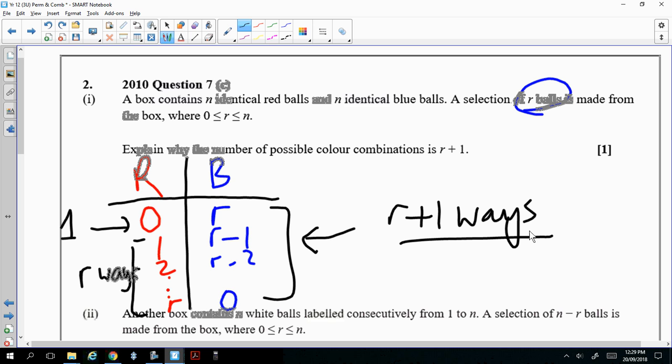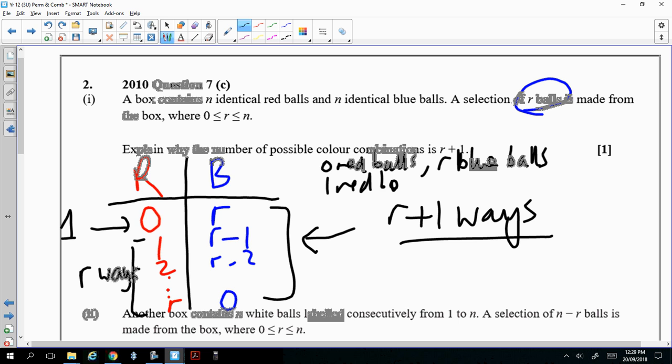Maybe you can write, you have 0 red balls and r blue balls, and then 1 red ball, r minus 1 blue balls. I think the table is very clear. You just have to explain or show for 1 mark. Okay? Alright, good. Let's do the next part.